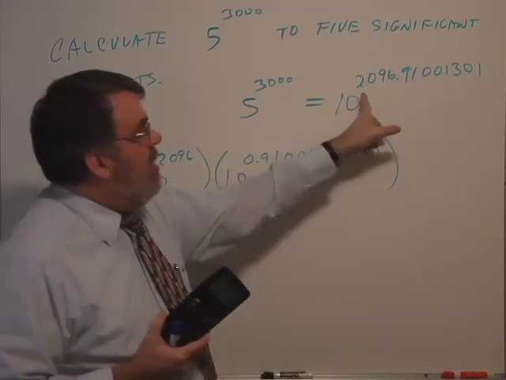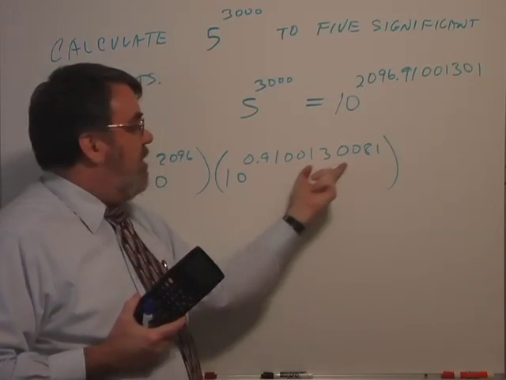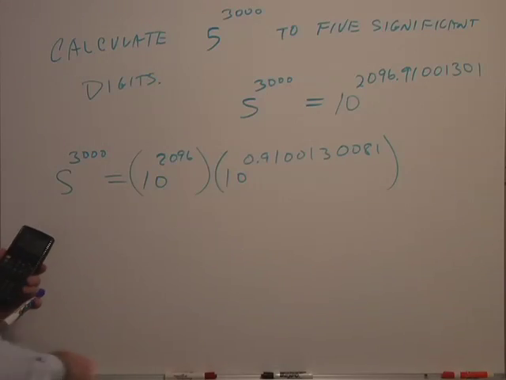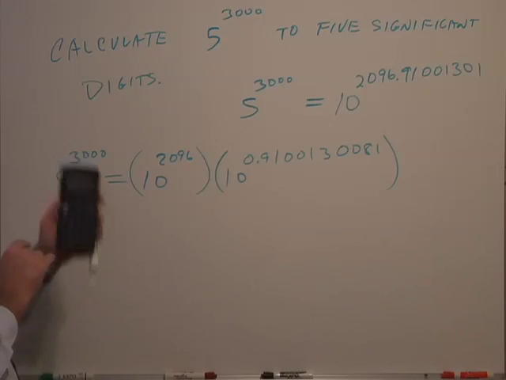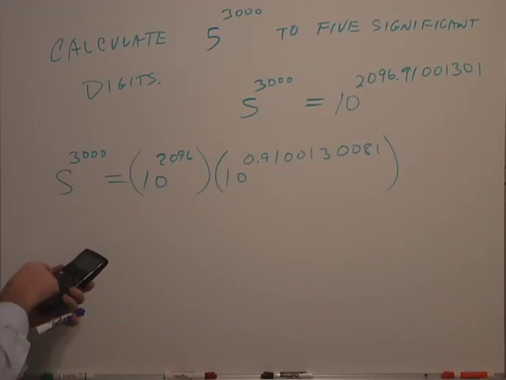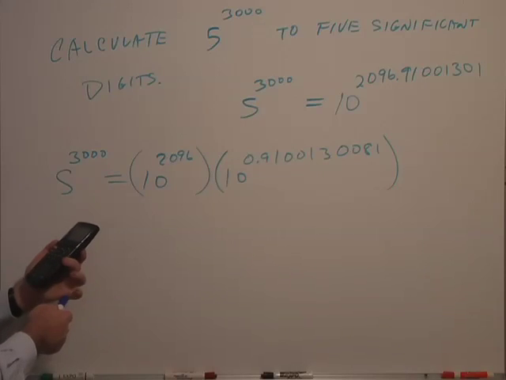I separated the whole number part from the decimal part, and I used all the decimals my calculator would show me. And now I'm going to take this number and raise 10 to that power. That actually happens to be the inverse of my logarithm on the calculator. There's a 10 to the x power. So I'm going to hit 10 to the answer in my calculator, and I get 8.1285, something like that.